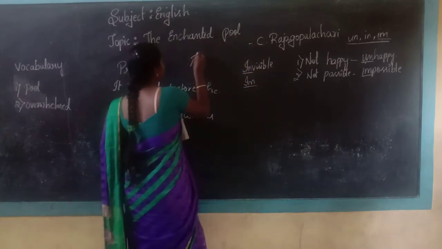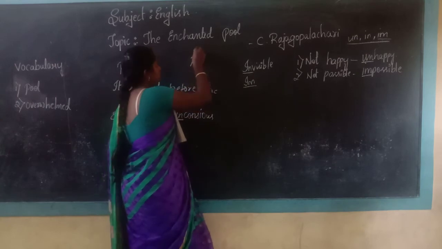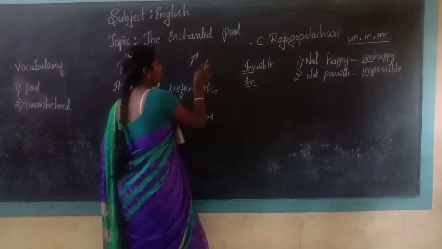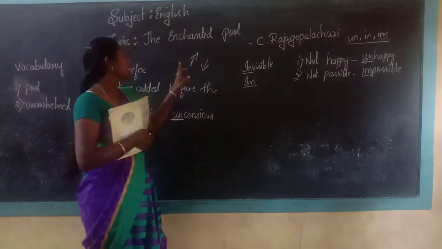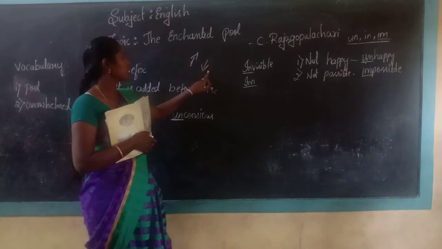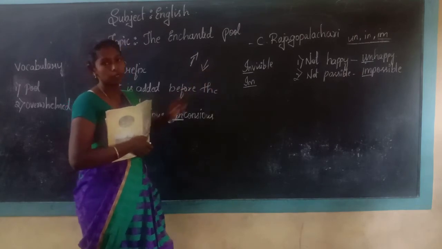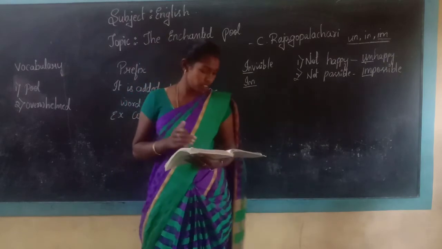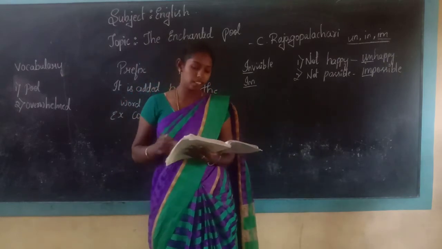If the arrow mark is upwards, you have to raise your voice. If the arrow mark is downwards, you have to lower your voice. You have to follow the arrow marks and read out the given sentences.